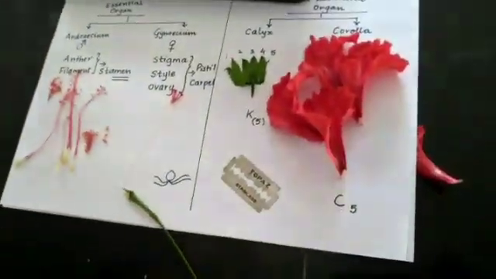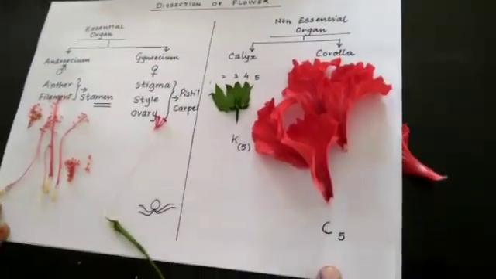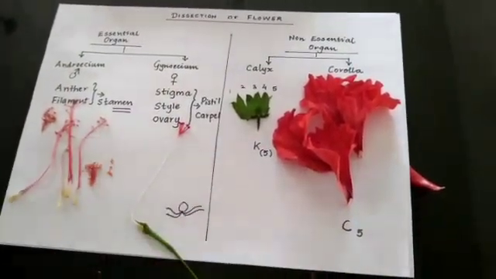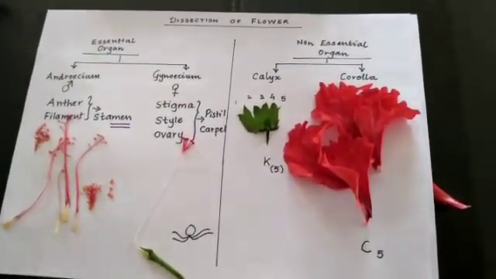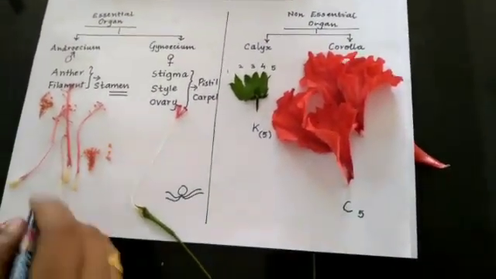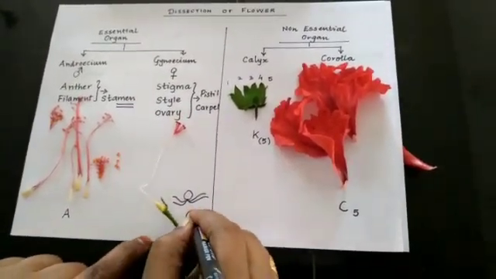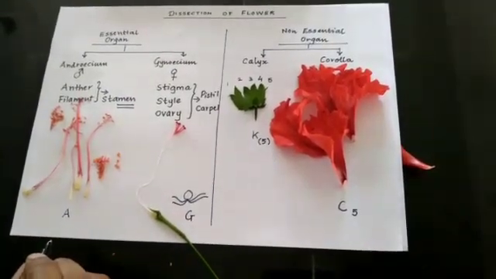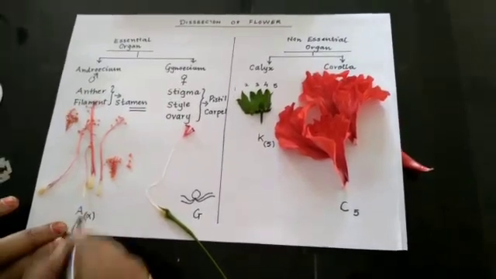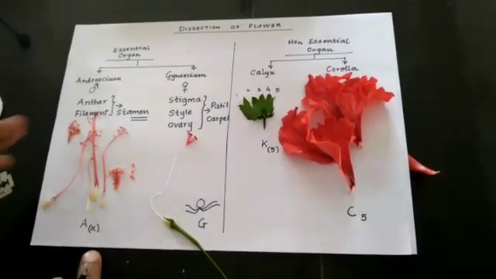In this way you have to represent your answer sheet for question number 1. This question carries 4 marks. Only this much you have to perform and you can easily get 4 marks. Floral formula now. Androecium is present and gynoecium is present. For androecium we will write A, for gynoecium we will write G. Androecium is monoadelphous, with many anthers; you cannot count the number because there are so many.